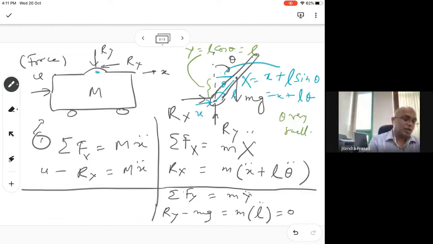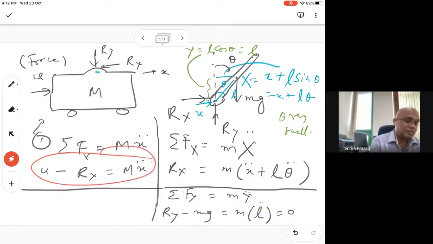So you have this equation, and what you can do is combine this and this. See, you have Rx here, and we have Rx here. We combine them together, and we can find out the equation. So we will have one equation. There will be two equations. From here you get Ry equal to mg. So this and this we can combine together.